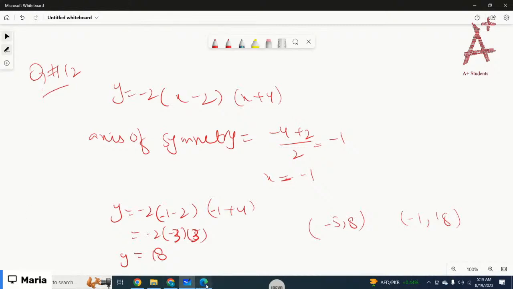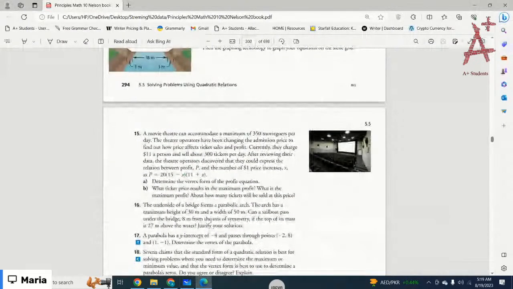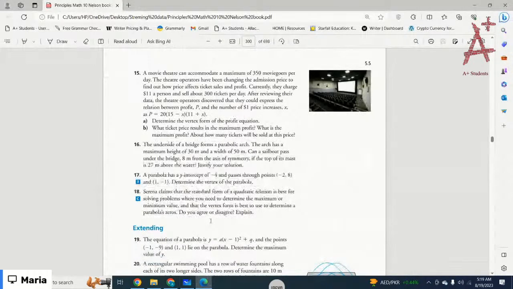Okay, let's start with question number 17. A parabola has a y-intercept of negative 4 and passes through the points negative 2, 8 and 1, negative 1. Determine the vertex of the parabola. So the parabola is symmetrical, right? So let's start by determining the equation of the axis of symmetry.